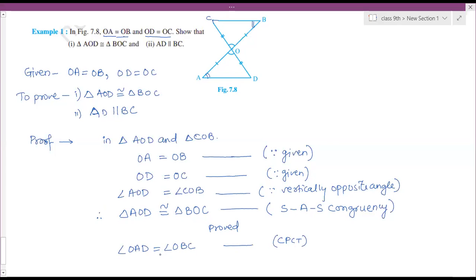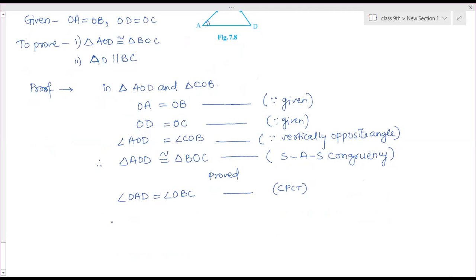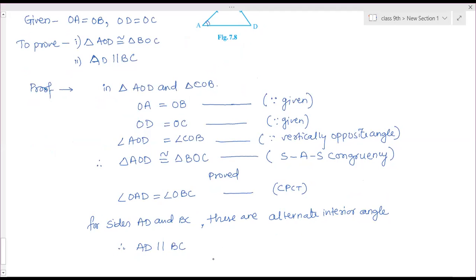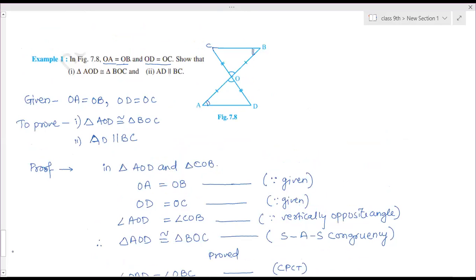Now these two angles are alternate interior angles for sides AD and BC. So therefore AD is parallel to BC. Clear? Is this clear? Yes, ma'am.